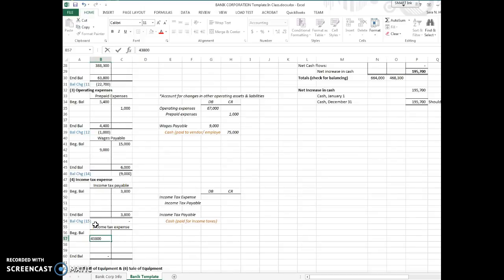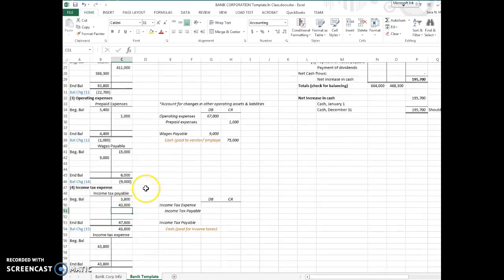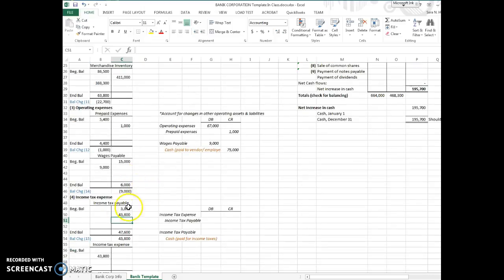So I'm going to debit income tax expense and credit income tax payable for $43,890. All right, so we've got our income tax expense. I'll fill in our debit and credit on the rebuilt journal entries.